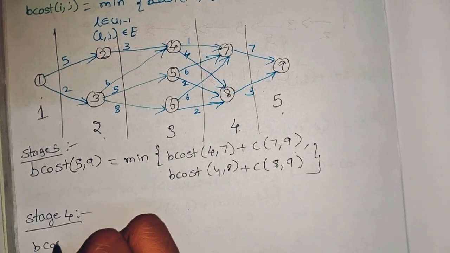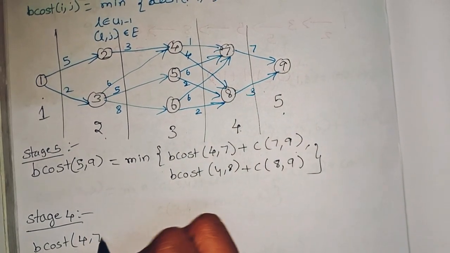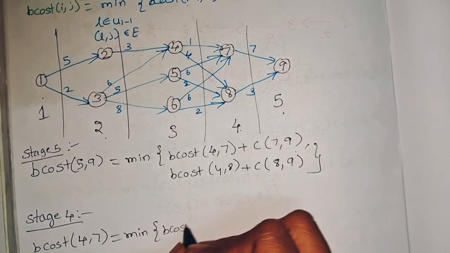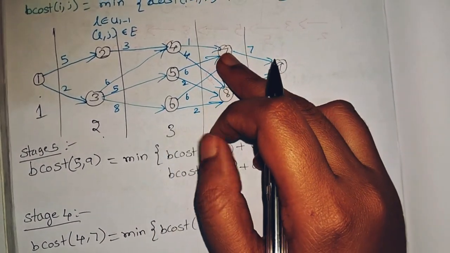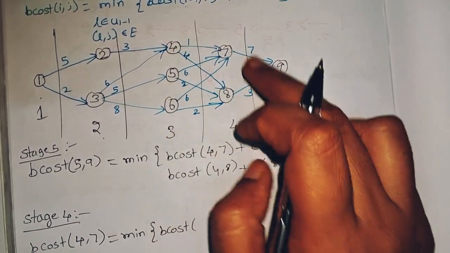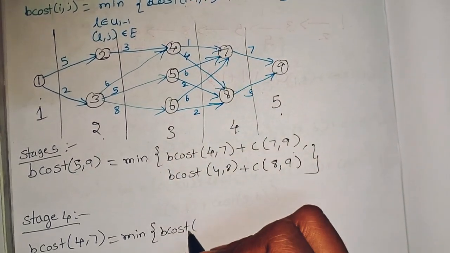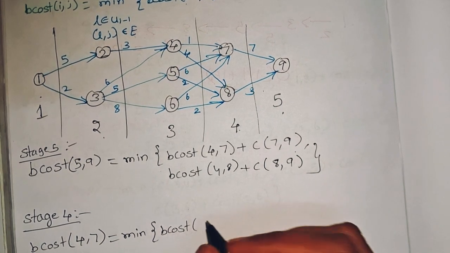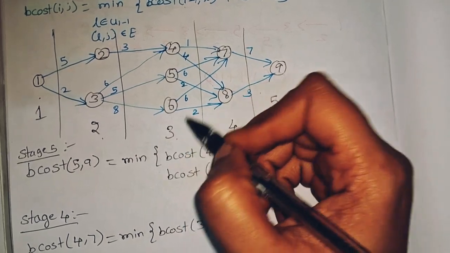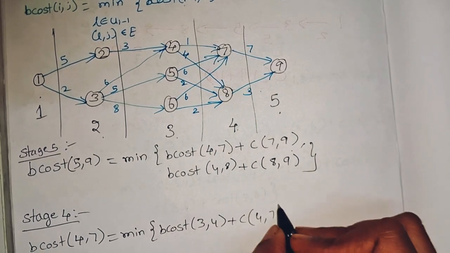Next we will find the b cost of stage 4 comma 7, that is stage and node value, which equals the minimum of b cost of, so what are the nodes connected to node 7 here? 4, 5 and 6. These are the three nodes connected to node 7. First we find the b cost of 3 comma 4, node 4 at stage 3, so 3 comma 4 plus c of 4 comma 7.